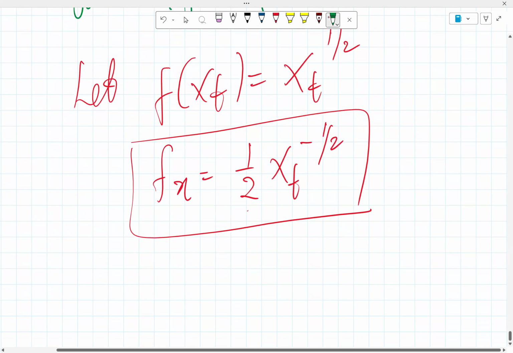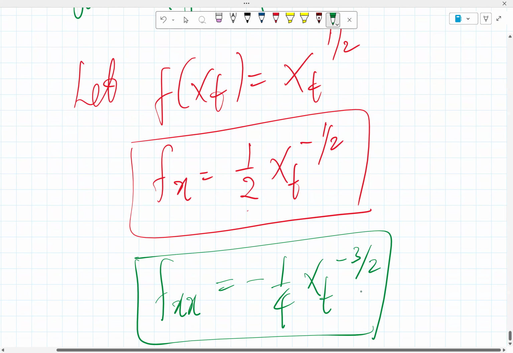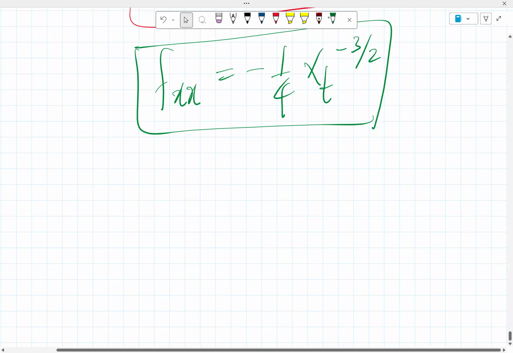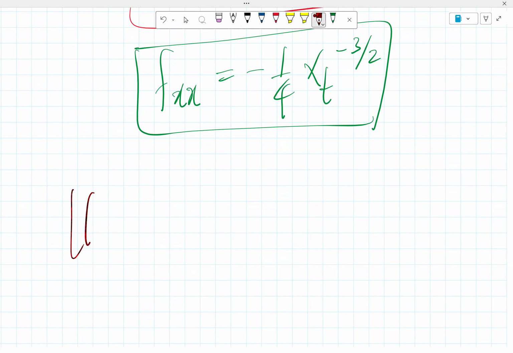Then we get the second derivative also, that's f_xx. f_xx is half times minus half, that's minus 1 over 4, and then this is x_t raised to minus 3 over 2. So that's also useful. With that in place, we move to apply Ito's lemma.